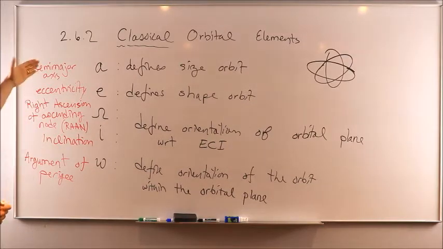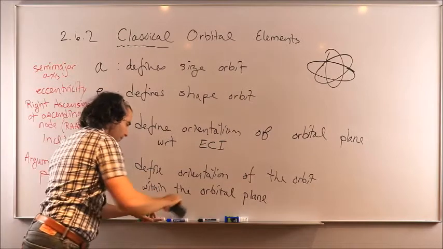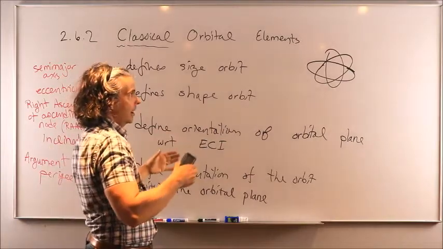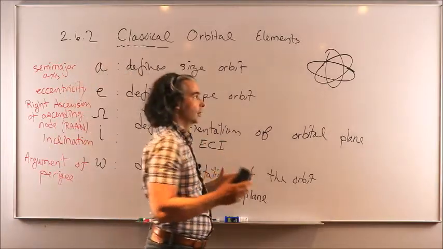And with those 5 first orbital elements, we have completely defined the shape, the size, and the orientation in 3D space of the orbit.